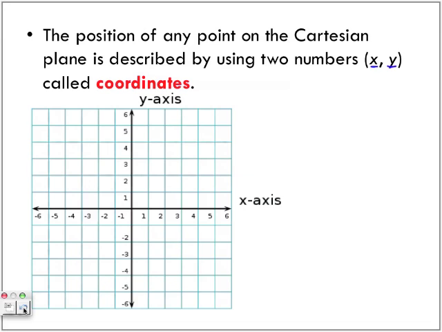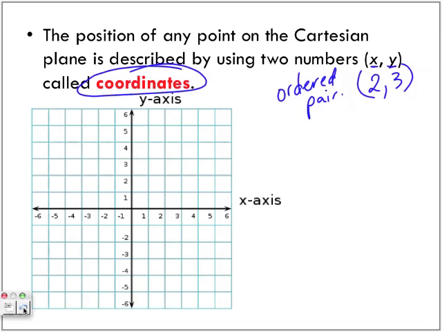Now, another way to refer to coordinates, when you see a set of numbers, so here's an example, let's say 2 and 3. So 2 is represented by the x, 3 represents the y, right, on the graph. This is known as a coordinate, sometimes also known as an ordered pair. So this is another term to know.